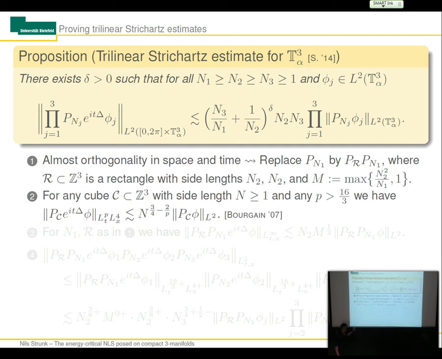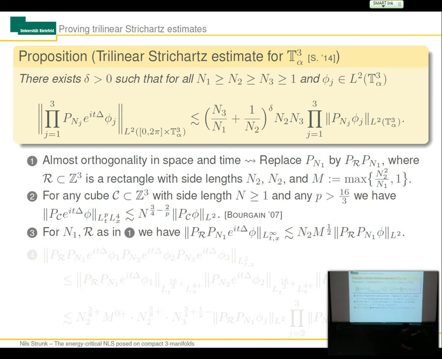But fortunately, this is very easy to use in the L-infinity estimate. If we want to prove the L-infinity estimate, then we just go to the Fourier side, use Cauchy-Schwarz once, and then we are left with counting points in this area. Well, counting points in this area is very easy, since we have a rectangle of size n2 times n2 times m.